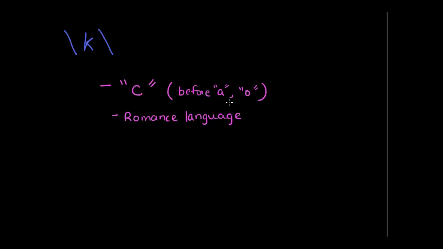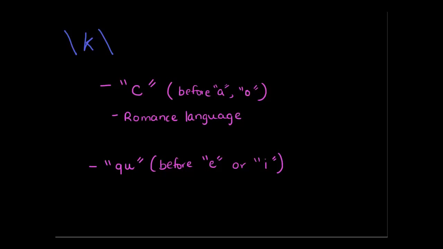So before an A or an O is the best time to use a C. If it's an E or an I, we're going to use QU, just like the other languages, like French. I don't think we have many Portuguese words with QUE, but we do have a couple with QUI.